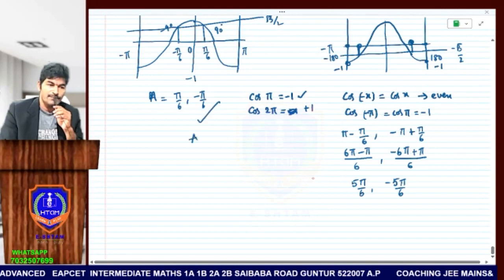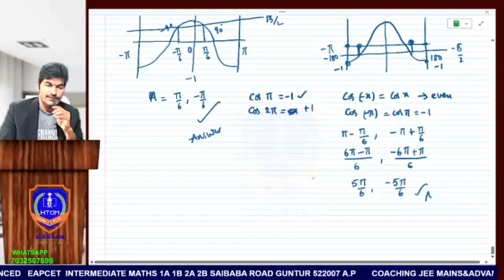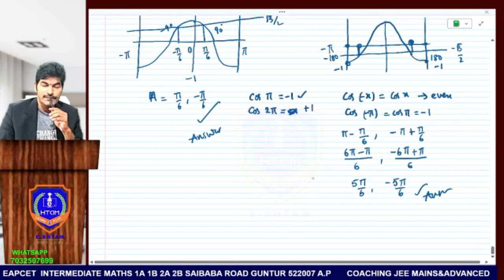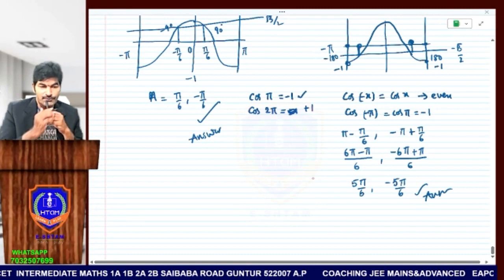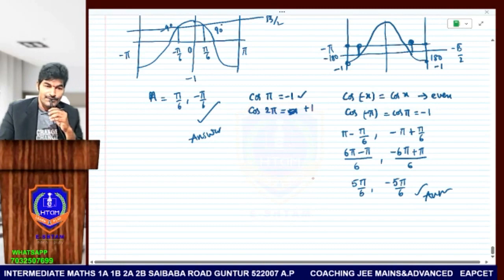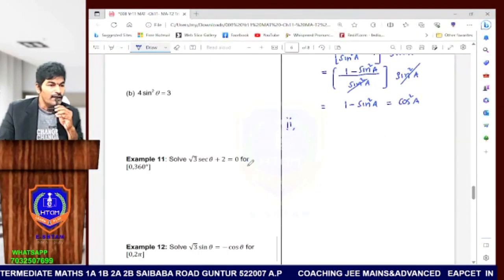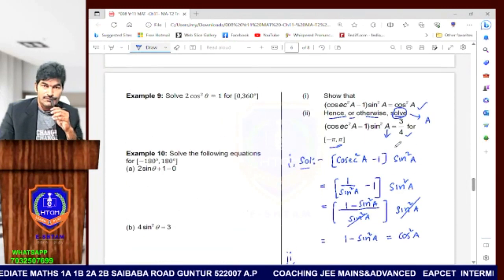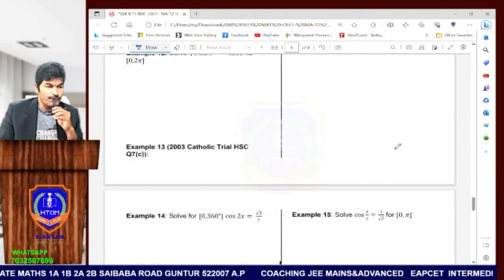These are the answers: pi by 6, minus pi by 6, 5 pi by 6, minus 5 pi by 6. Is it correct? Okay, thank you. Did you understand this solution? Very good.